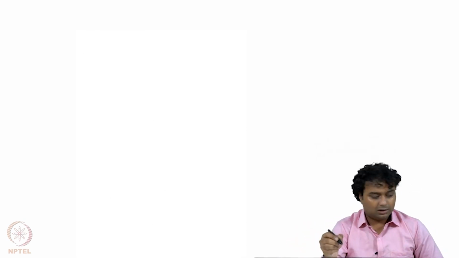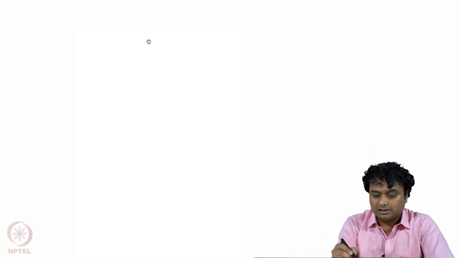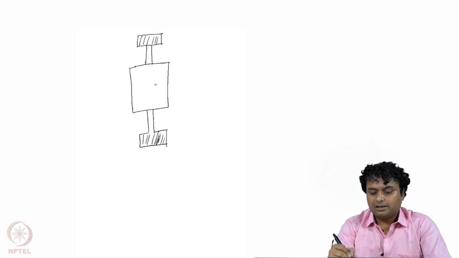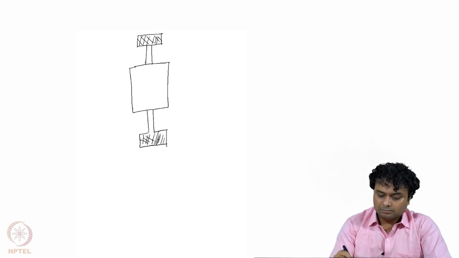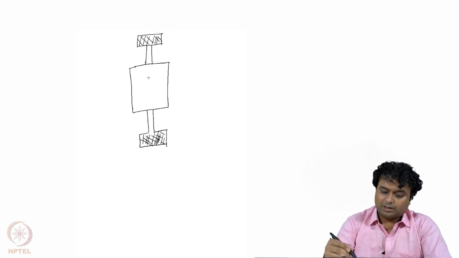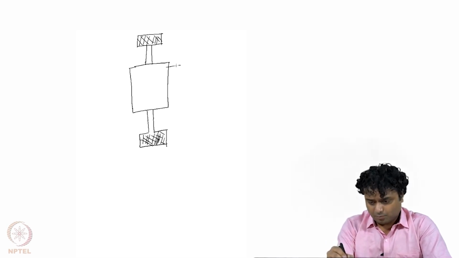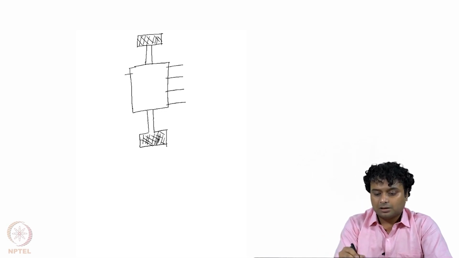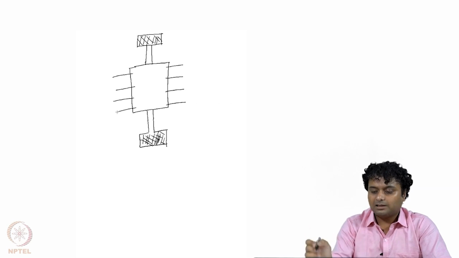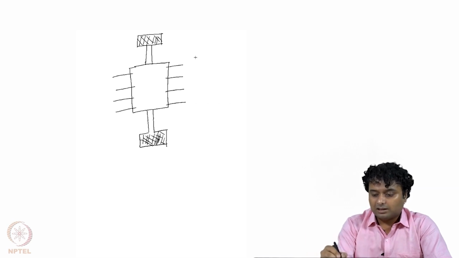So what is a comb actuator? Comb actuator is a structure like this. So I will draw the structure. So this plate is fixed at these two supports. So this shaded region is at the points where the beam is fixed. Now there are some comb kind of structures connected to both sides of the proof mass, and these are like fingers, and then we have some static fingers also.